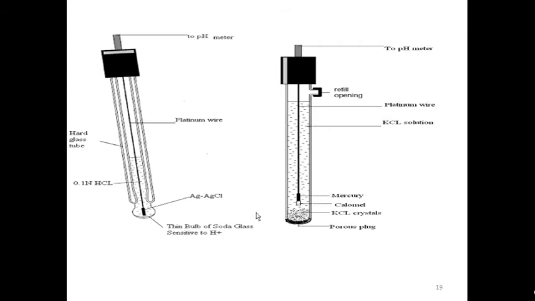When two metals are brought in contact with one another, a voltage difference occurs due to their difference in electron mobility.